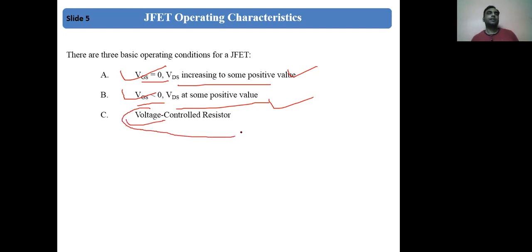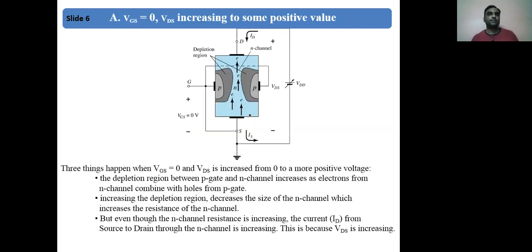It is the region which is variable control resistance, but these two, A and B portions, are very much important to understand in the JFET characteristic. So now let us take case number 1, which says that VGS is equal to 0 and VDS we have some positive value. Okay, so we will take n channel JFET and we will try to explore this.